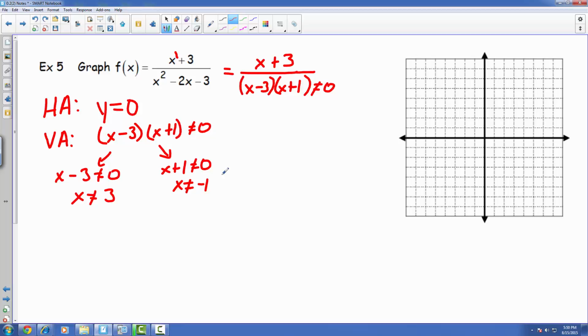Now, when we go ahead and graph these, we end up with this horizontal asymptote at 0. We have a vertical asymptote at negative 1, and then one at positive 3.